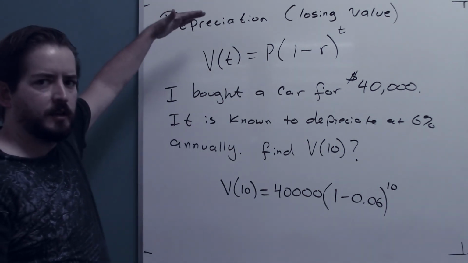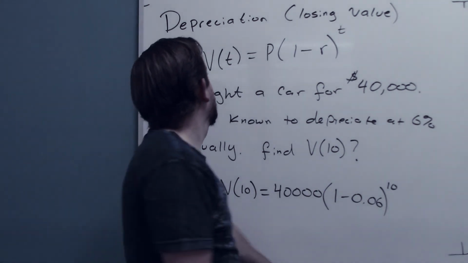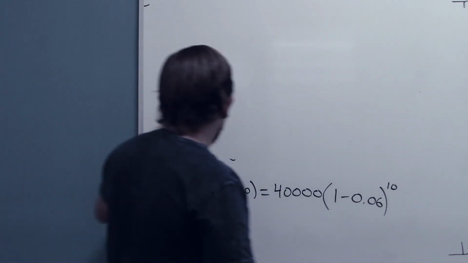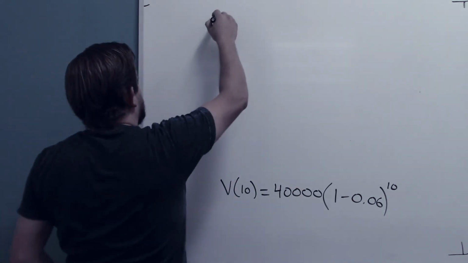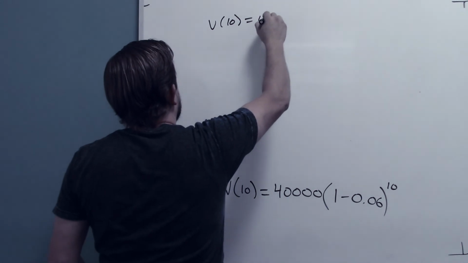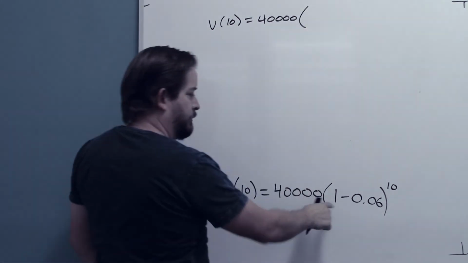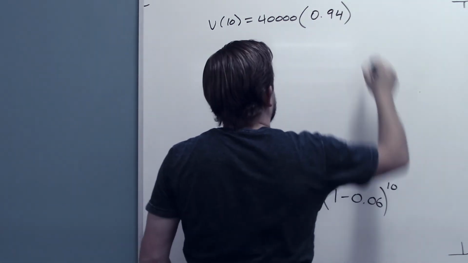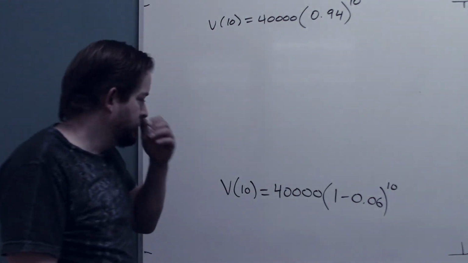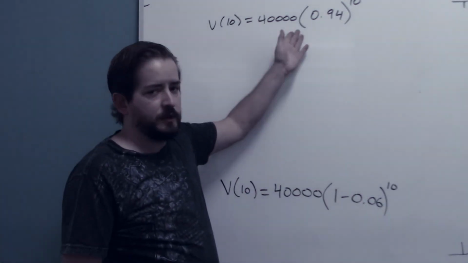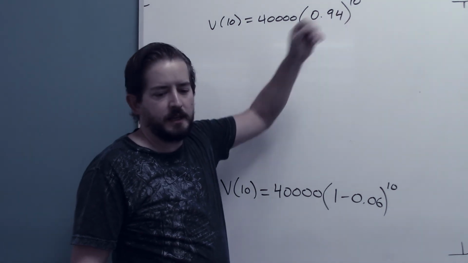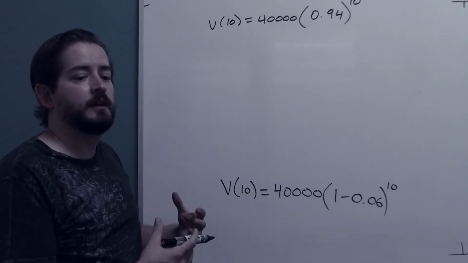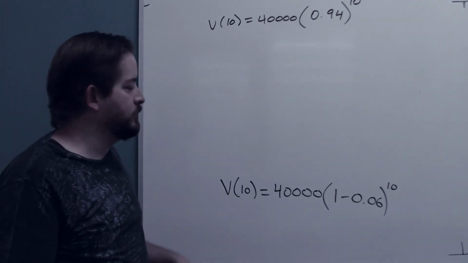So I'm going to erase all of this up here so that I can work this. This then equals 40,000 times, 1 minus 0.06 is 0.94, and I'm raising that to the 10. So again, depending on your calculator, you might be able to just write 40,000 multiplied by 0.94 raised to the 10, but if your calculator does not allow multiple operations in one line, then you won't be able to do that.